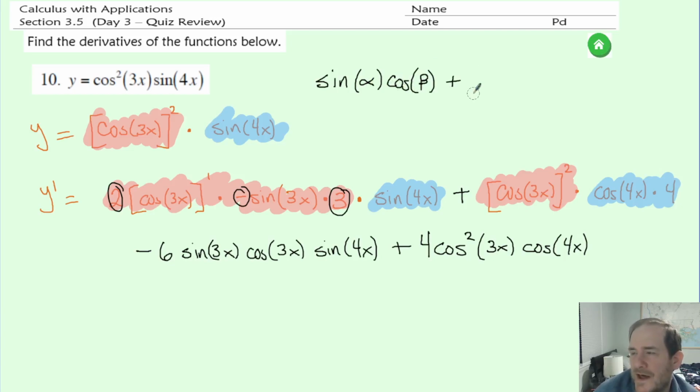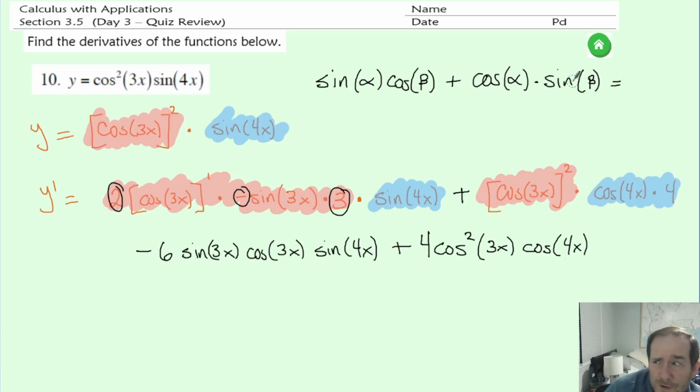And then you add to that the cosine of the first thing times the sine of the second thing. I think that's the sum and difference identity for sine, cosine. Let me look it up before I get it wrong. Okay, yeah, got it. I was right. So all of that junk right there would become the sine of the alpha plus the beta.